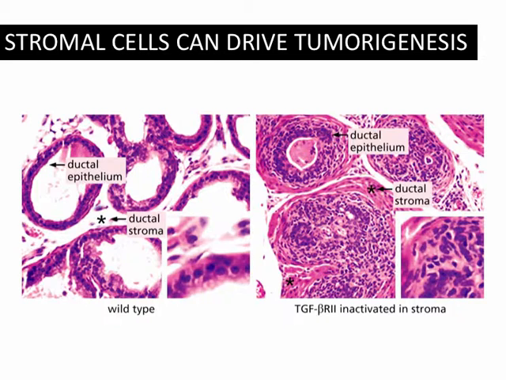Now, what that receptor does is it normally regulates the signaling from the stromal cells to the epithelial cells. And so normally the stromal cells are sending out a certain amount of signal, whatever those signals may be, and the epithelial cells are responding to that signal.